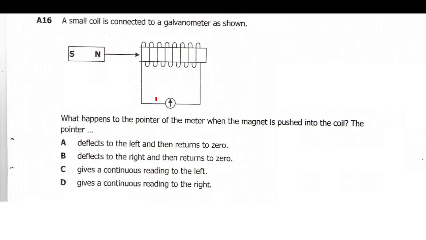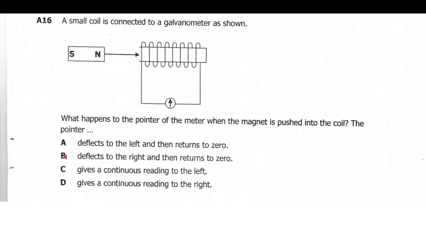Of course, since this is a galvanometer, and since this is a magnet, as it is pushed here, it is going to cut a wire, and then it is going to induce a current here. So this one will deflect. Now they are saying A, the pointer deflects to the left and then returns to 0.